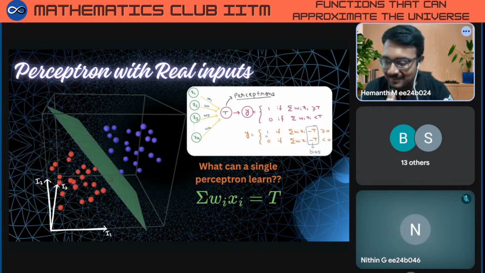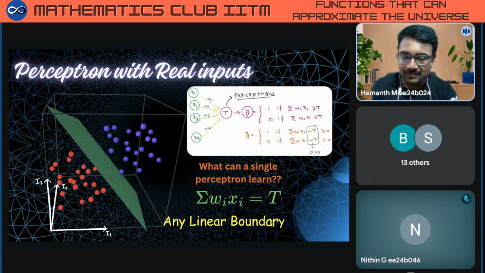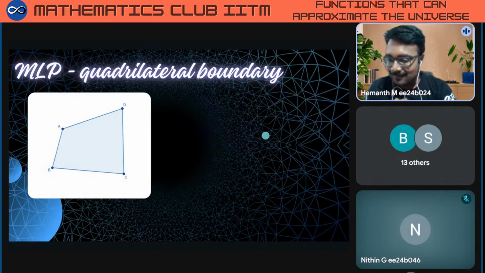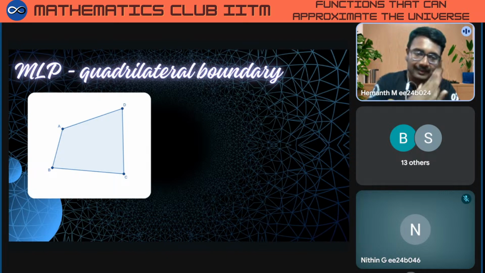A single perceptron is capable of learning a linear boundary, and it could be any linear boundary, because we can adjust these weights and threshold to any value that we want, since we have extended it to all real numbers. So in 2 dimensions, I can learn a line that separates two regions.